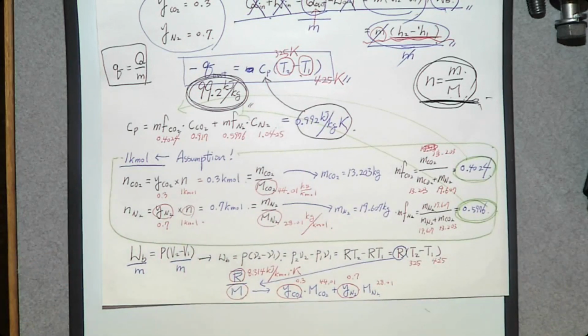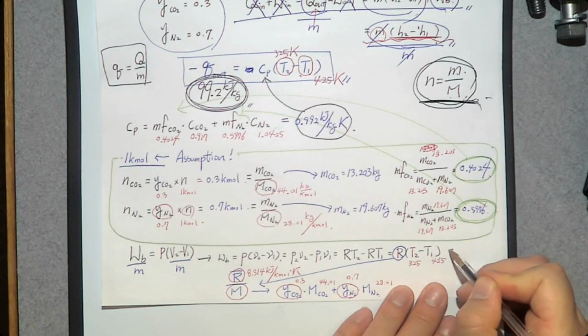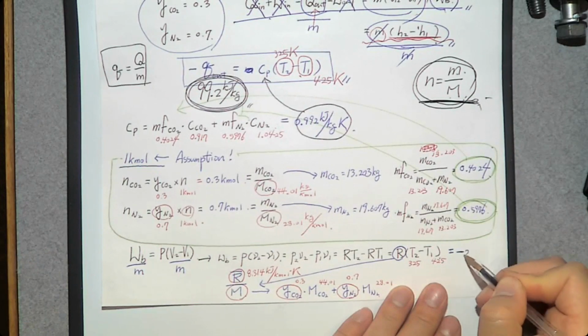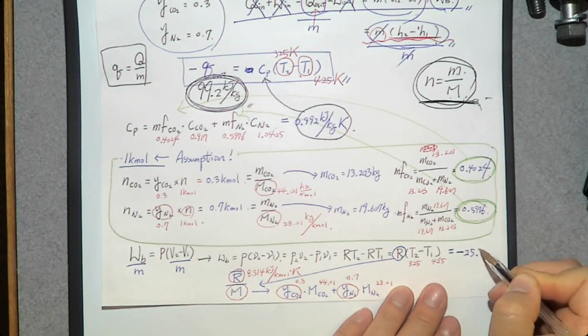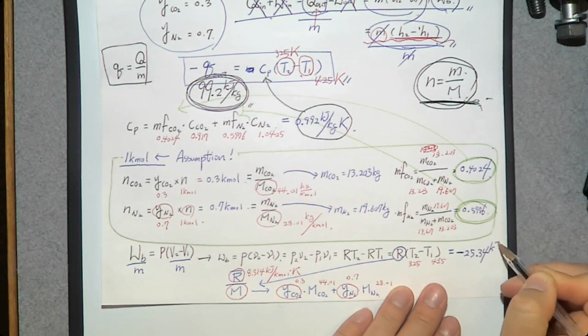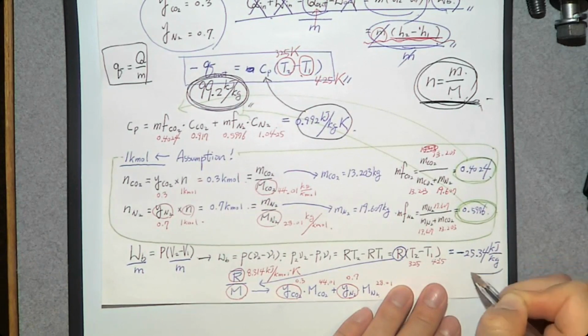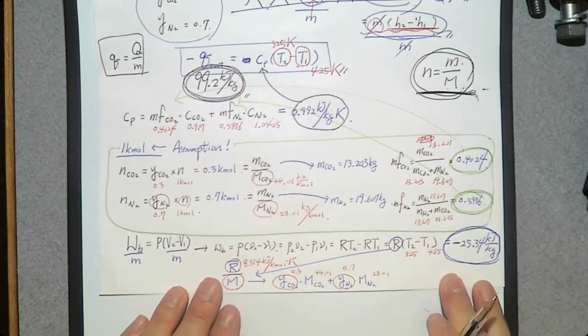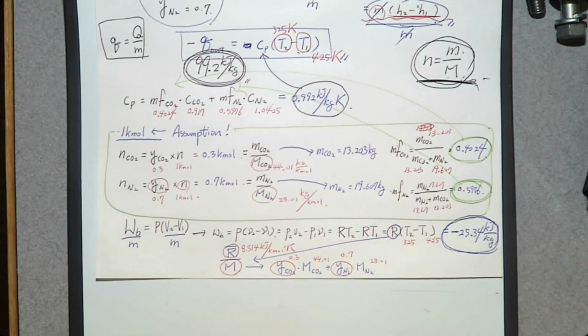So we have everything. You can determine R, and if you solve it, you get minus 25.34 kilojoule per kilogram. So this is the energy transfer by work per unit mass.